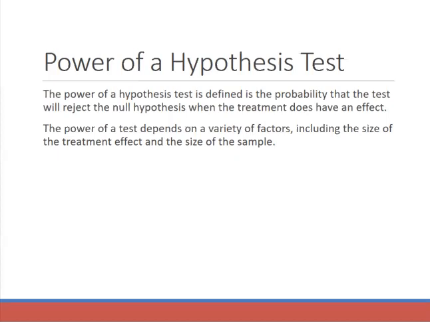If the treatment has an effect, there are two possible outcomes: you correctly detect that effect and reject the null, or you don't reject the null and make a mistake, which is basically a type 2 error. Often, power analyses are required by grants and other kinds of proposals to determine how likely it is that your study will detect an effect that's really there. Power depends on things like sample size, how big we expect the treatment effect to be, and the value of alpha.